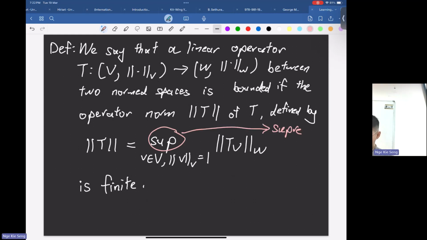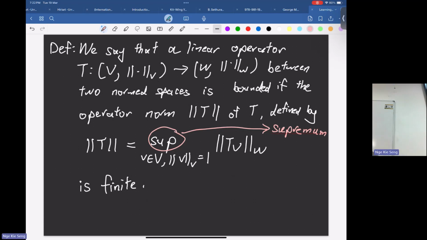Anyone heard about supremum before? What does this English word mean to you? Maximum. Very close. But we want to make it more precise, because maximum is something that we can achieve, but supremum might not be achievable.